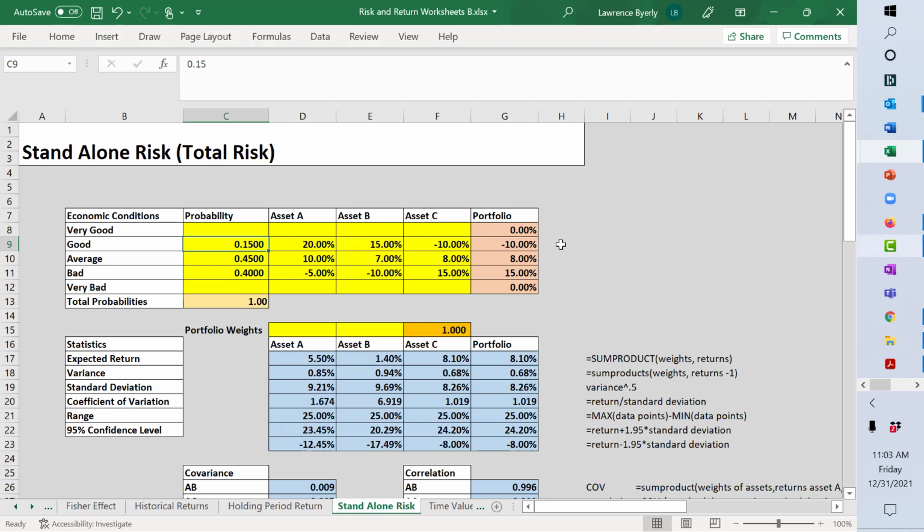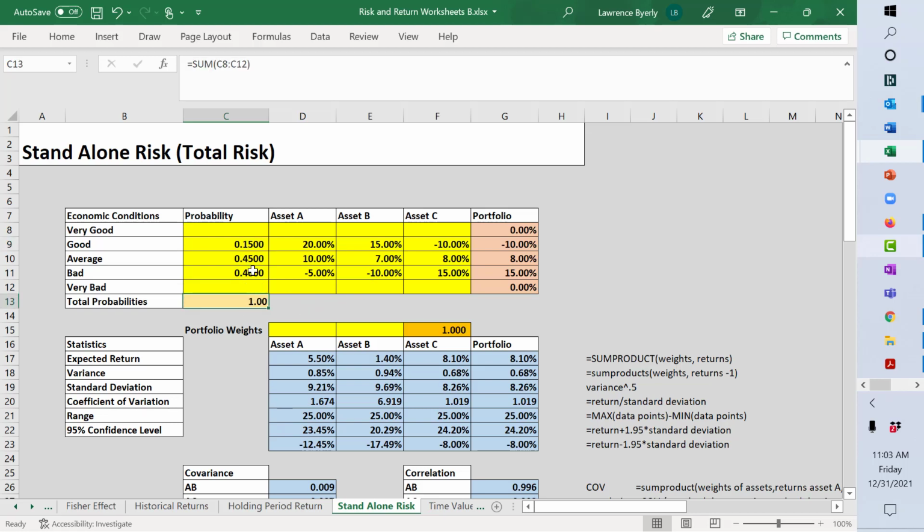Maybe we ask them to predict GDP or GDP growth, and then use some kind of a frequency distribution to come up with these percentages. But I've come up with, again, 15% chance of good, 45% of average, and a 40% chance of a bad economy.